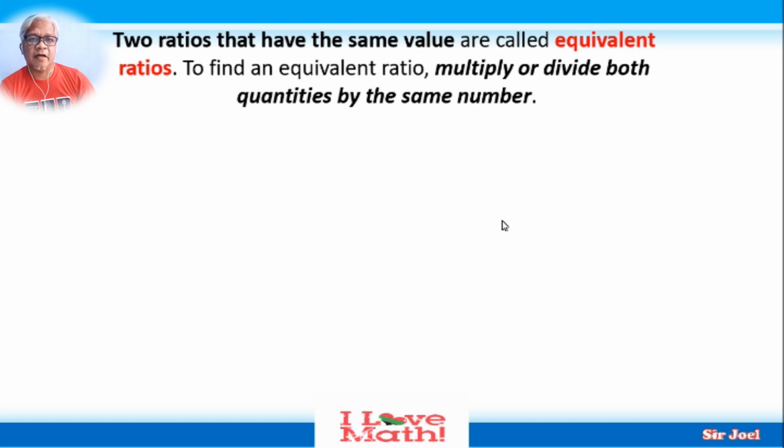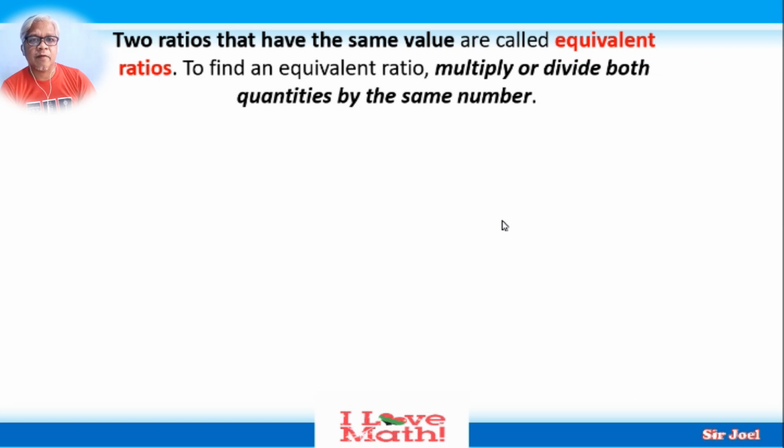Two ratios that have the same value are called equivalent ratios. And to find an equivalent ratio, multiply or divide both quantities by the same number. Meaning to say, kapag i-multiply mo ang numerator, let's say sa 2, yung denominator, i-multiply mo rin sa 2. Kaya nga, same number. Okay?